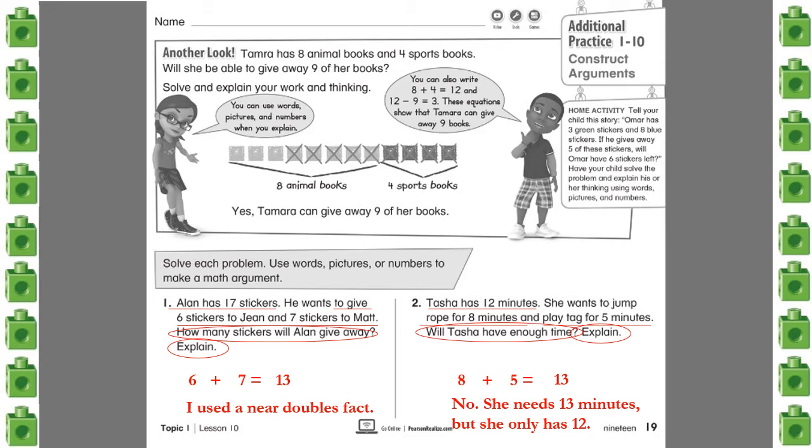How do we know she needs 13? We added 8 plus 5. And if you used a strategy, like a bar diagram or counters, you can explain that here too. You can say, I used 8 plus 5 is 13. I used counters. Okay, so now we've answered these completely.